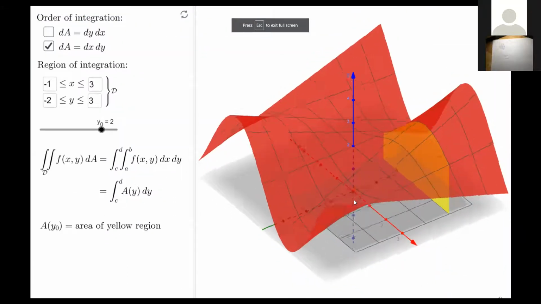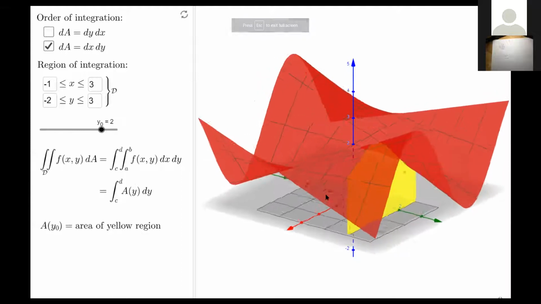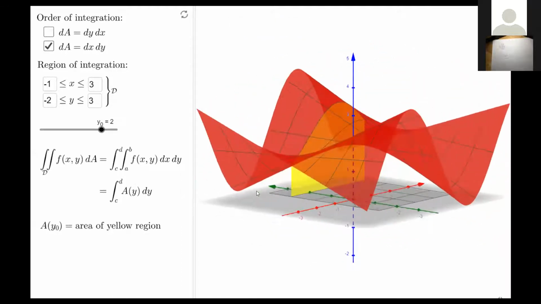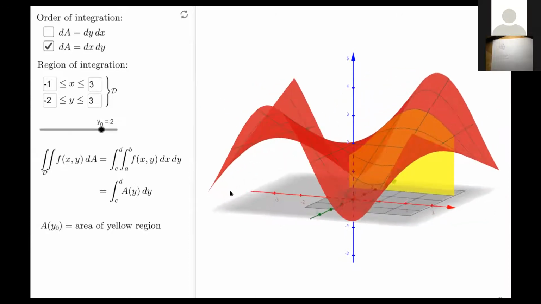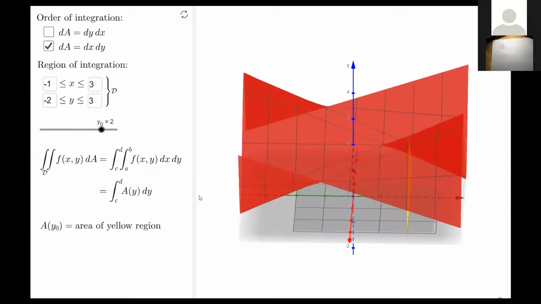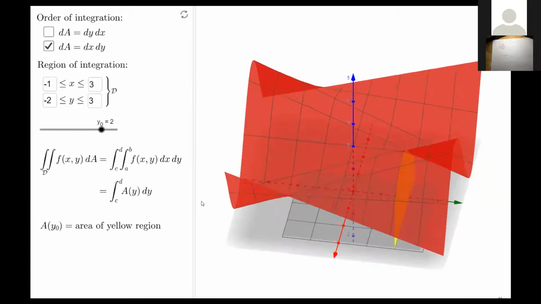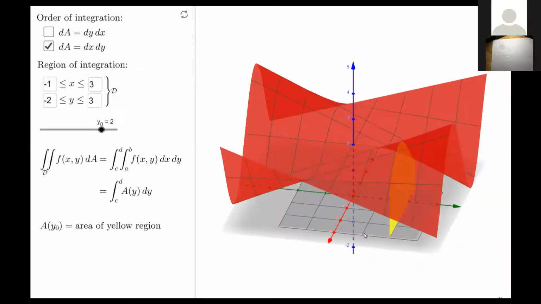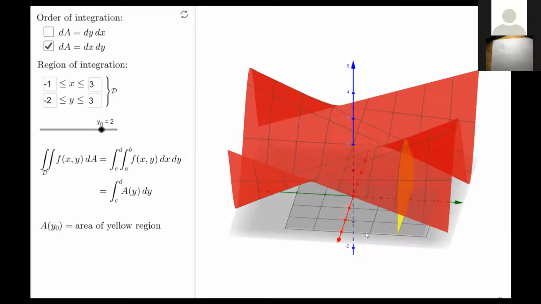Or in other words, let's say that I'm using double integrals to evaluate the volume under this surface, right? So first, I'm going to integrate with respect to x, and then with respect to y, that means that first I'm taking y as a constant, right?